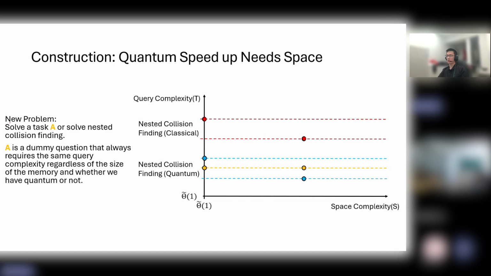Now let's analyze the complexity of solving this new OR problem, solve A or solve nested collision finding.